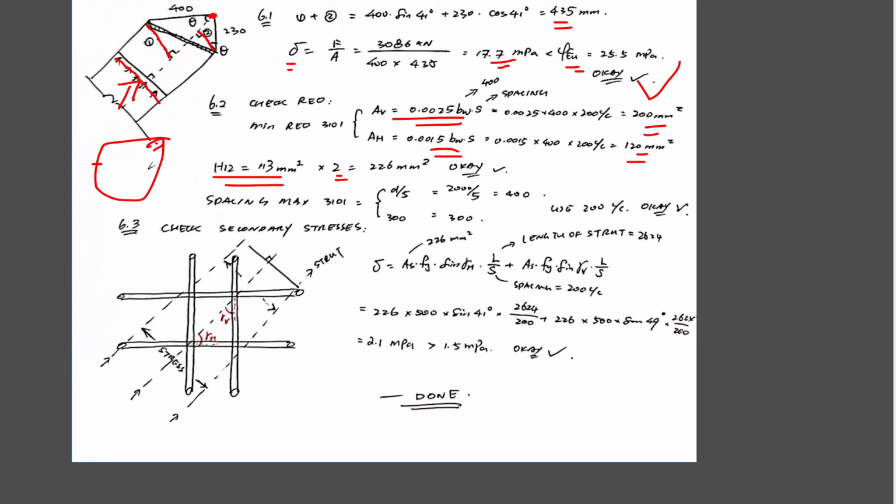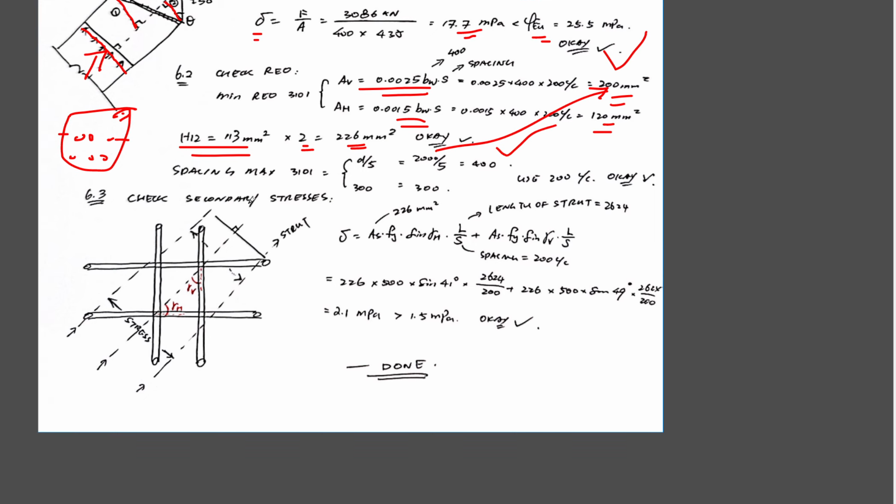So 2 legs, 2 legs, and my bars are confined in here. So I have 2 legs, so my area is 226. That's more than what's required, 200. Yeah, that's okay. And then check my spacing. The maximum is d over 5 and 300. Pick the one that is governing, 300, but I'm using 200 cc, so still okay.